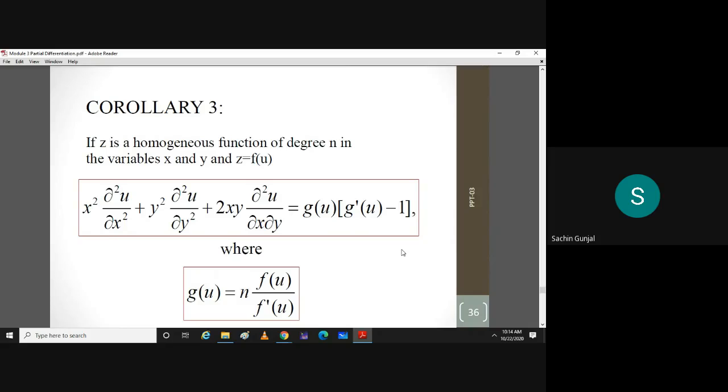Now again I will explain this using that same example. Just note it down.